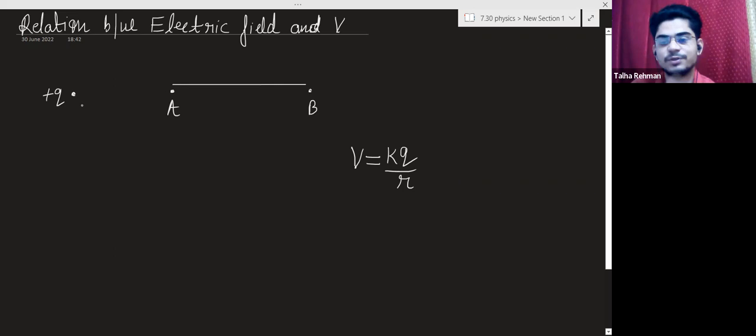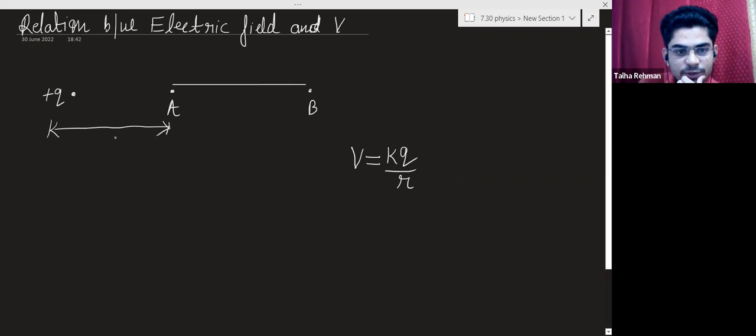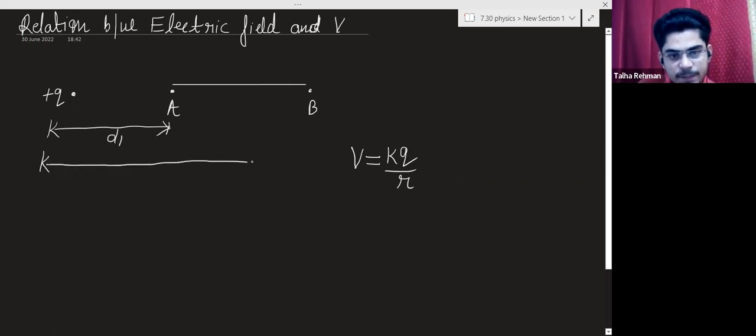So the distance between these two points, here you can see this distance, like this is D1, and from here to here, this is D2. So we can say D2 is greater than D1.